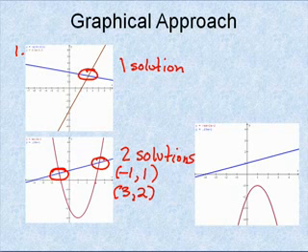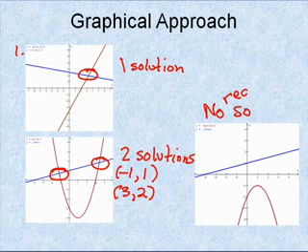Now if you take a look at this last example, we've got a line and a parabola again, but our line doesn't intersect our parabola at all. So this is a case like the last problem we looked at, which is no real solution.